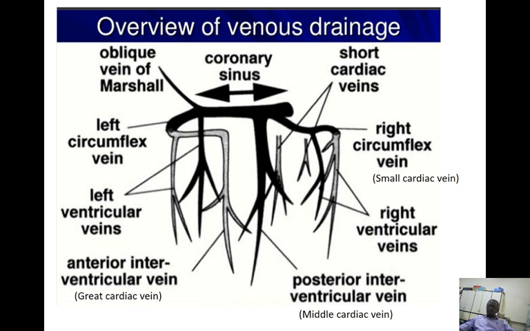Then we are having the posterior interventricular vein, otherwise the middle cardiac vein, and the anterior interventricular vein. These are on the anterior side, so we have light color. Great cardiac vein, and then the small cardiac vein, right side, and short cardiac veins. So all these veins are joining the coronary sinus.